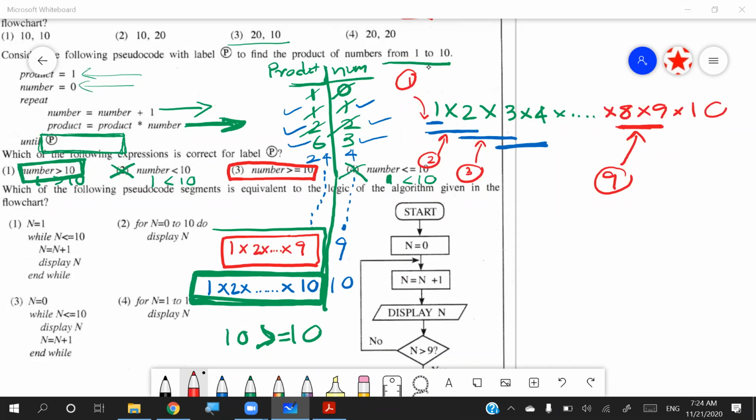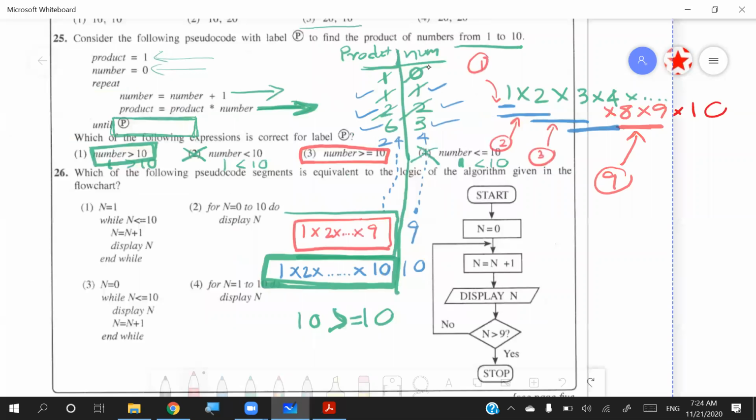So the 25th you have asked. So to go with the 25th, I need to clear this mess up. Hold on a second.